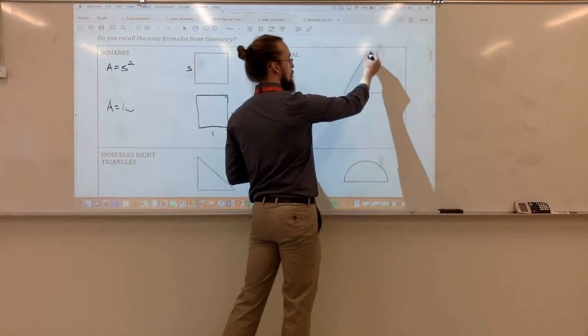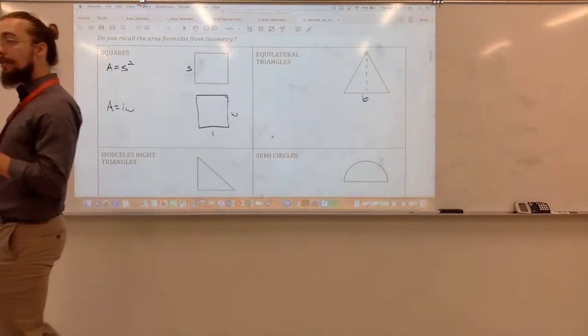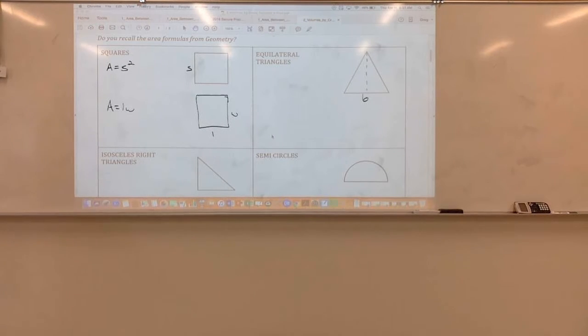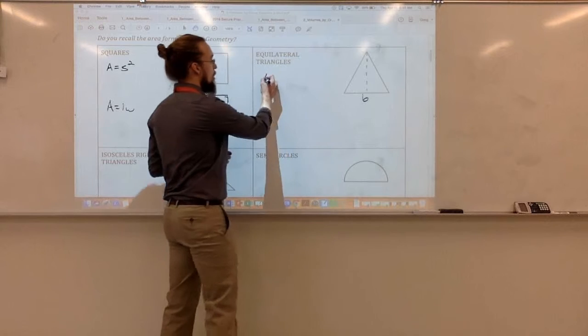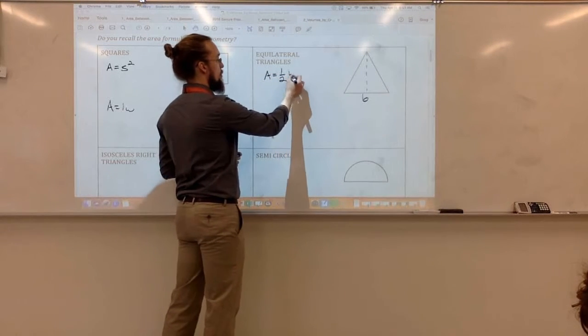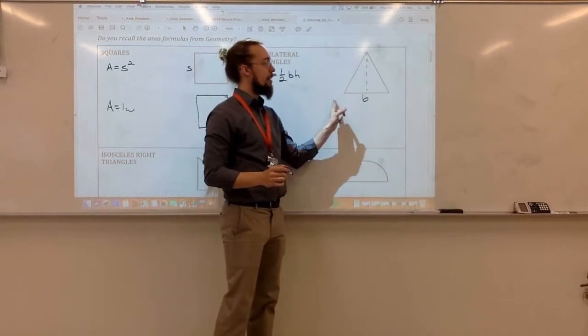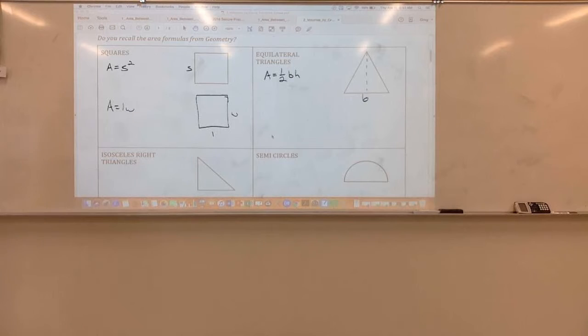So that's going to play a part in this. So I need to figure out the height, right? Because we know that the area of a triangle is 1/2 base times height. But if all I know is the base, how can I write the height of an equilateral triangle in terms of the base?